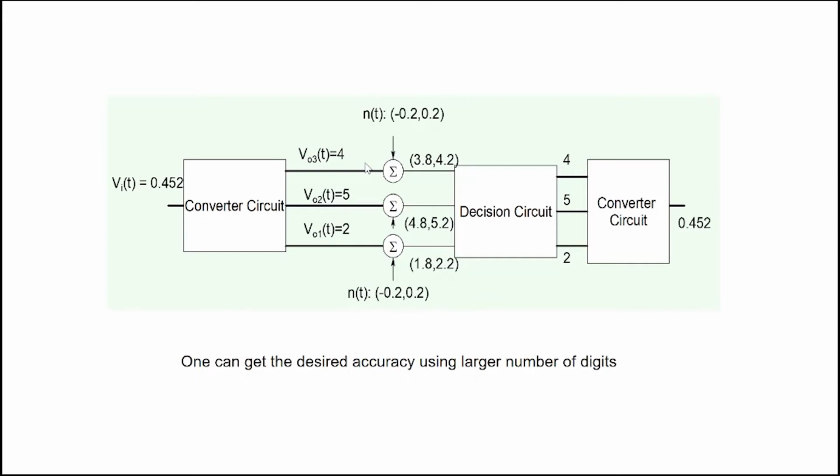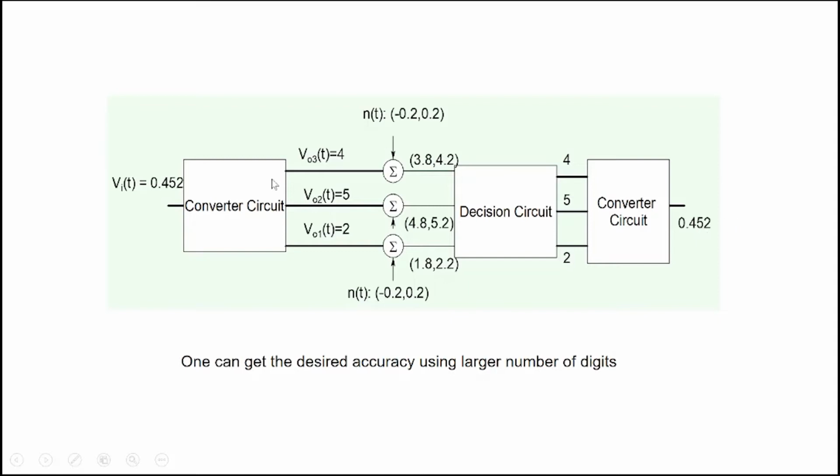All right, so overall we obtain higher accuracy as compared to working with only analog numbers. And note that if you want, we could use a different converter circuit and work with 3 digits, 4, 5, and 2. Now you can add noise to each one of those digits, same minus 0.2 to plus 0.2. But the decision circuit will again look at which digit it lies closest to, and will regenerate those numbers, 452. You combine them together and you get 0.452.